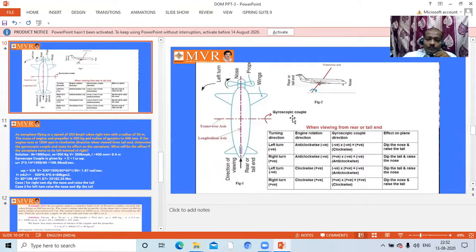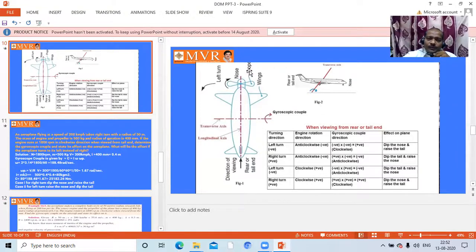The gyroscope couple always acts between the nose and the tail end. So the longitudinal axis, as I already told in the previous class, and the transverse axis are like this. Somewhere here we have the center of gravity of the aeroplane.